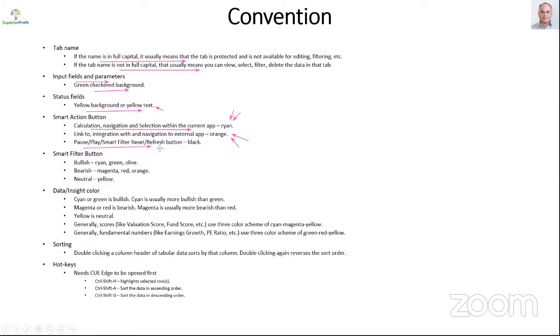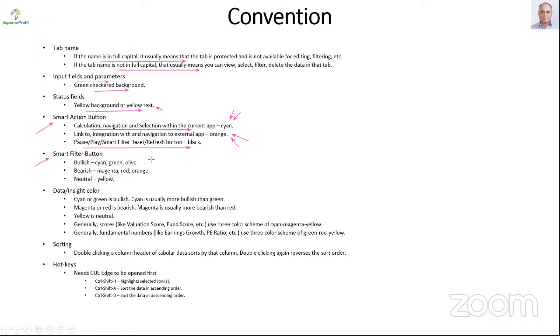And then pause, play, smart filter, reset, refresh buttons are black. Smart action buttons take some action. Eventually they populate the stock scorecard, and then we use the smart filter buttons to act on the stock scorecard.